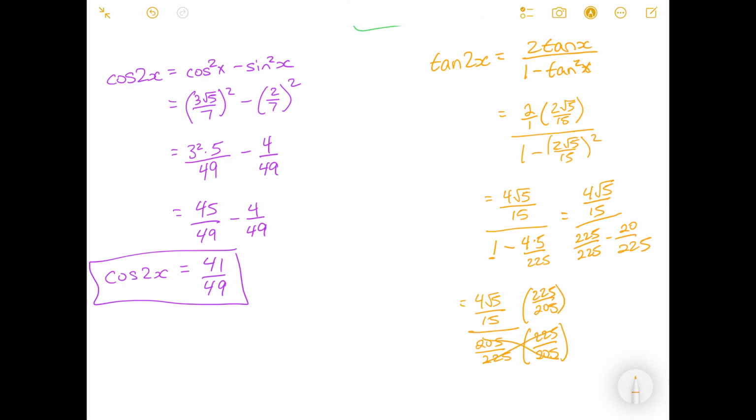These cancel, these cancel. All right, so now before I finish, I know 225 is divisible by 15 because 15 squared is 225. That's how I got that. It's going to cancel this off and be left with 15 on the top. So 4 root 5 times 15 over 205.